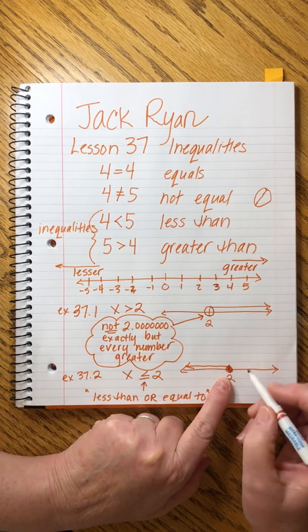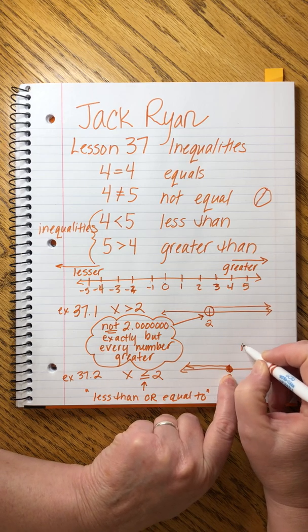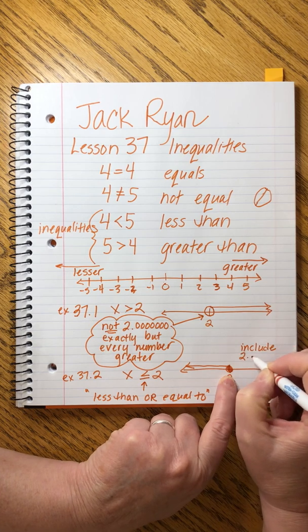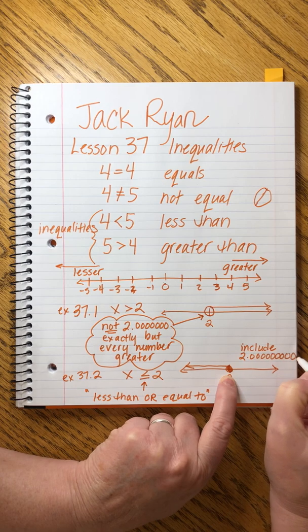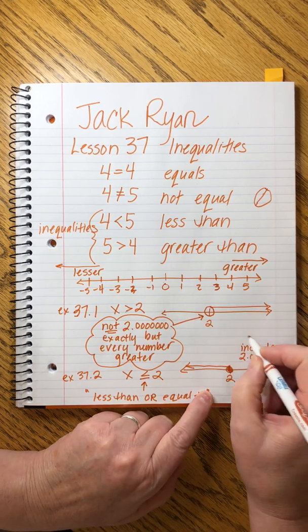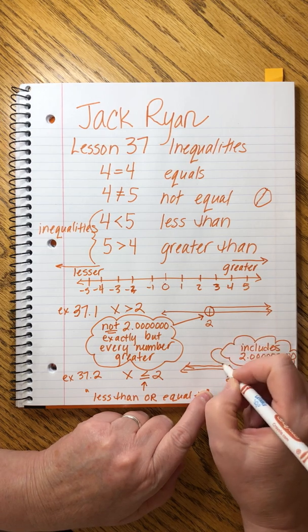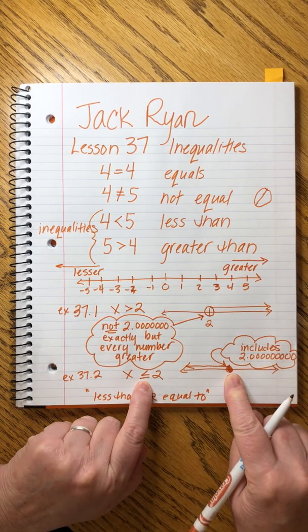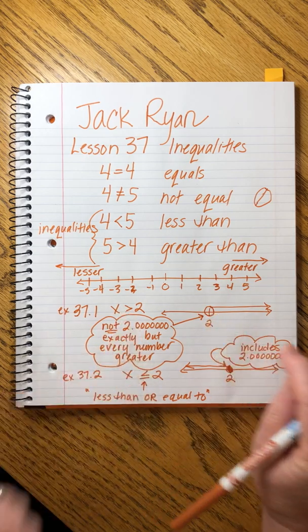So this solid dot means include 2.0000000000 and off the page, right? We want to include that value in our answer. So a solid dot is what we use when we have an equal to. An open circle is what we use when we have just the inequality.